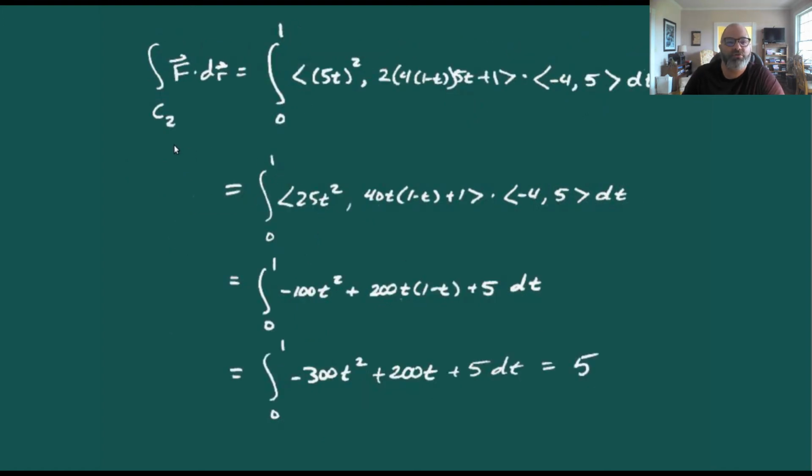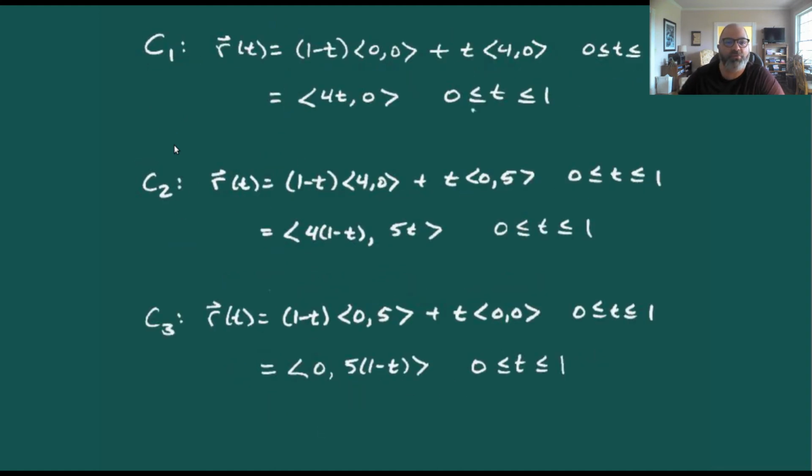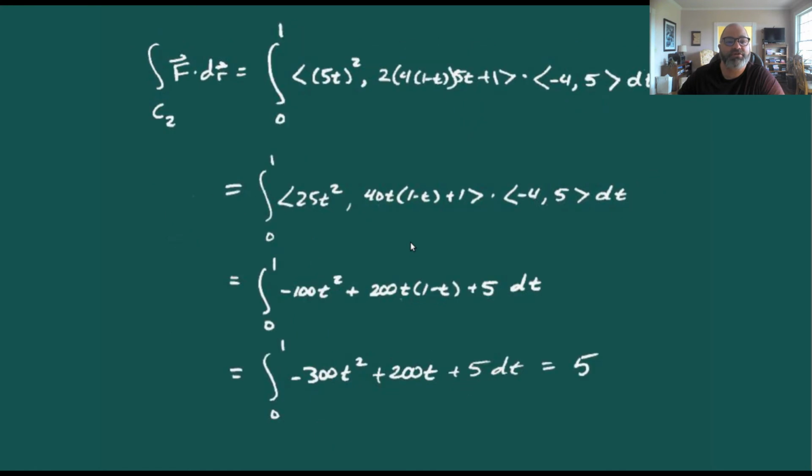For C2, so what happens with C2? Going back to our parameterization, x was 4 times (1 minus t), y was 5t, so when we substitute that in, we get (5t) squared, plus 2 times x being 4 times (1 minus t) times y being 5t, plus 1.